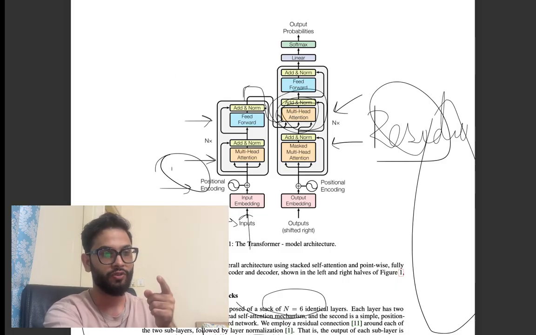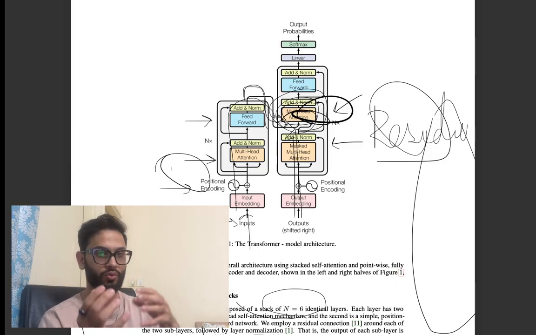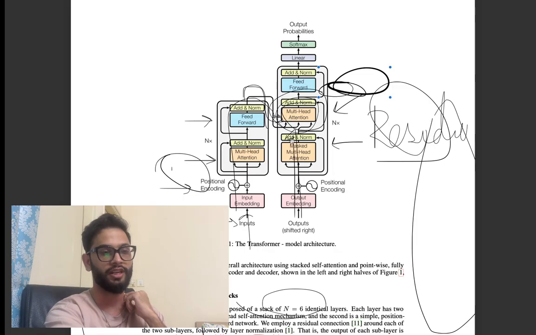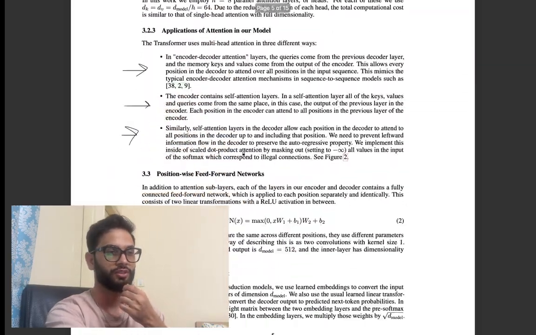So we are getting inputs from the encoder, the original, as well as from here, the target. From here, Hindi is coming, मैं शुभम हूँ, and from here, processed English is coming, I am Shubham. And multi-head attention is learning the connection between those two words. So that's why we need this multi-head cross attention. This is called cross attention. This is called masked attention. This is called just attention. Cool. So we have 3 types of attention.